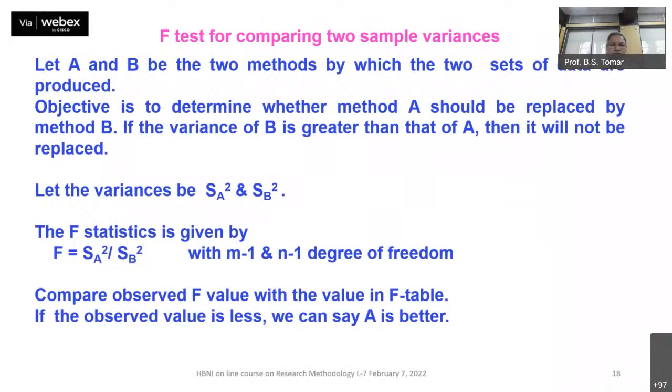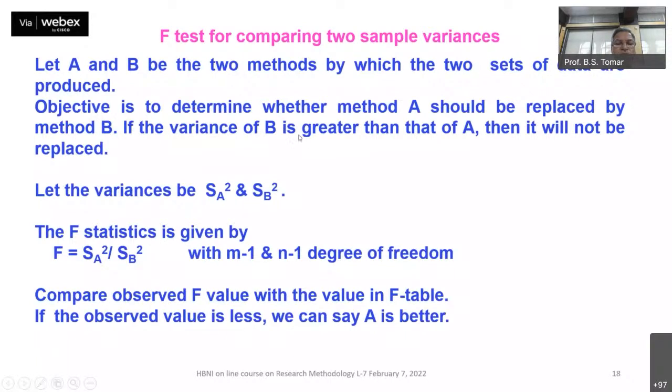There is another test called the F test, which is for comparing two sample variances. Suppose you are doing measurement by two methods and you get two sets of data, A and B. The objective is to determine whether method A should be replaced by method B, and you decide based on the variances.